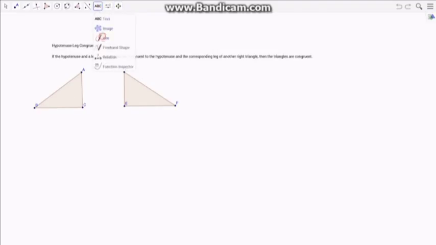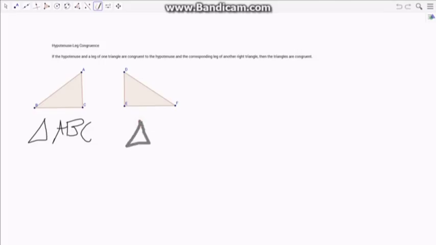This is triangle ABC, so let's label the triangle A, B, and C, and this is triangle DEF.